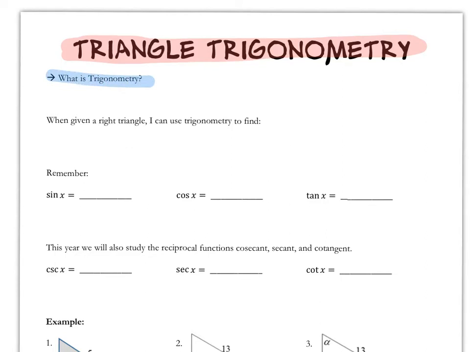I'm going to just expand this out so I can type it for you. Trigonometry is a branch of math that studies the relationship involving lengths and angles of triangles.